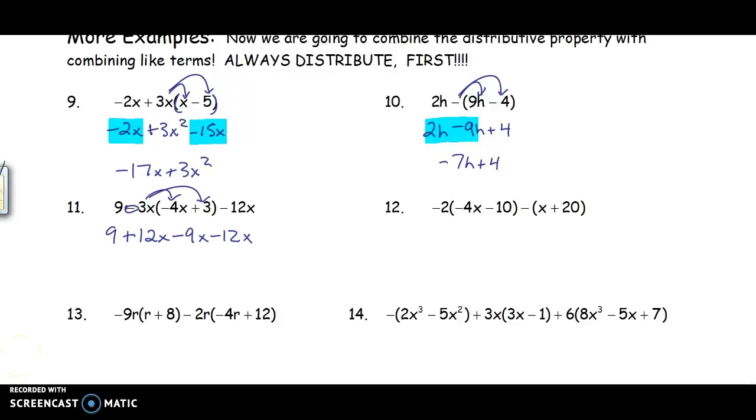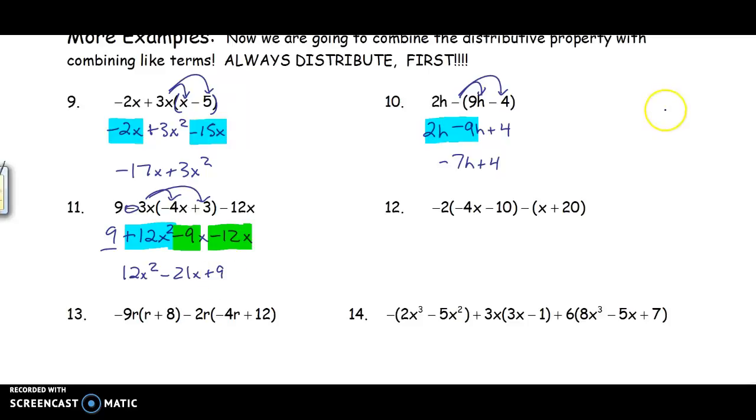Now go ahead and combine your like terms. Oh, I'm sorry, I made a mistake here. This is plus 12x squared. Plus 12x squared is by itself. You have negative 9x minus 12x, so negative 21x. And then the 9 is by itself up here, so plus 9.